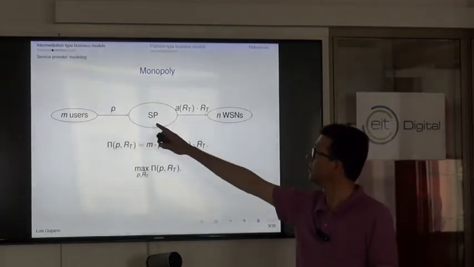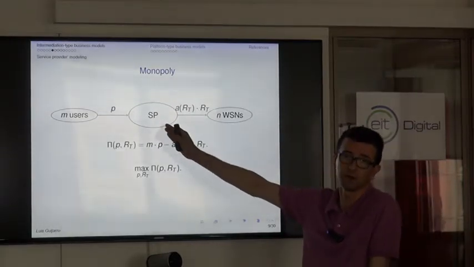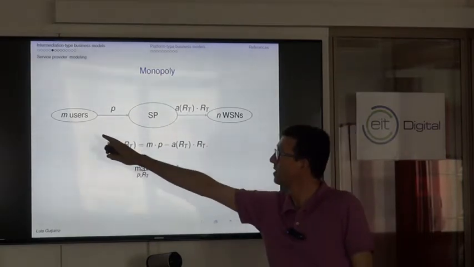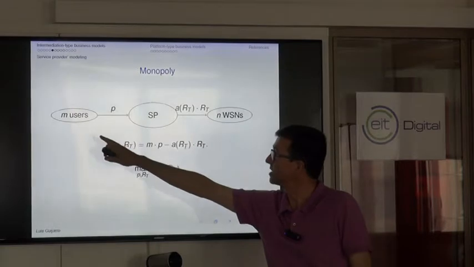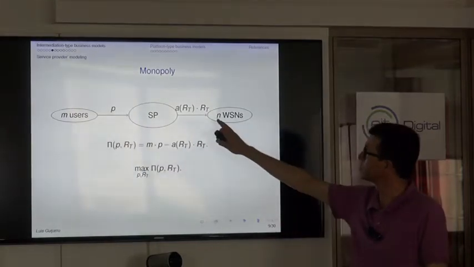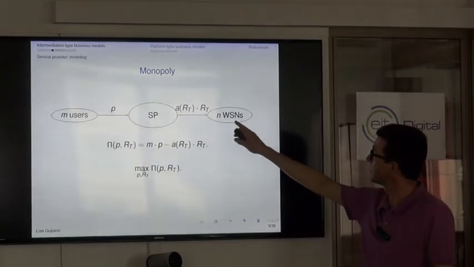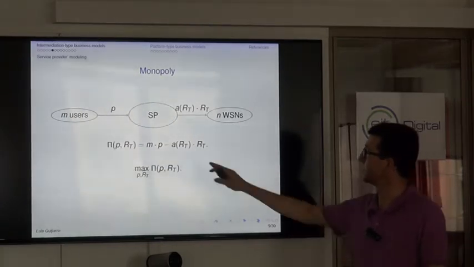That means that the utility of the service provider, the profit, will be given by the revenues that the SP gets from the user minus the costs incurred in paying the sensor network for the data.